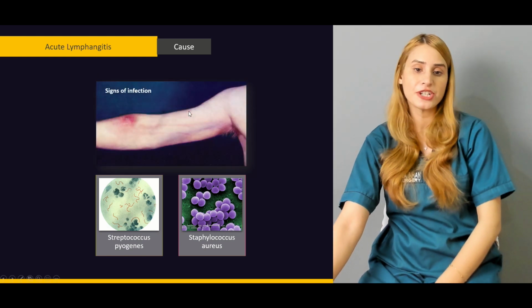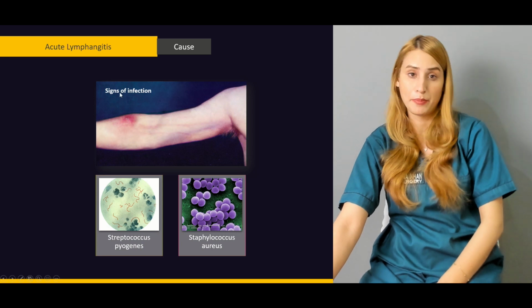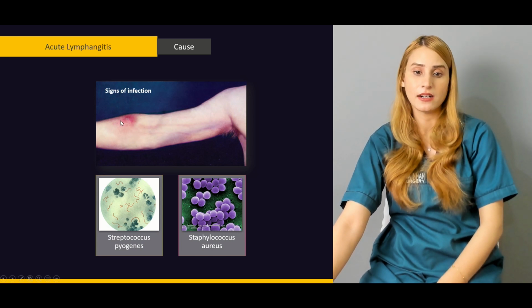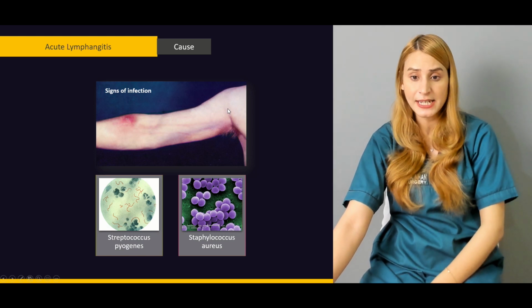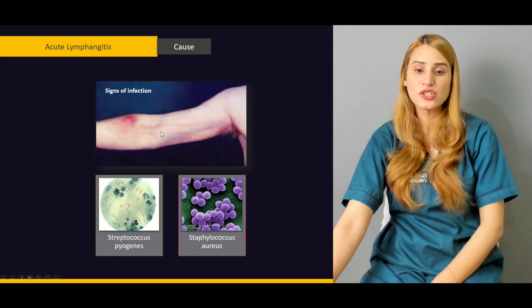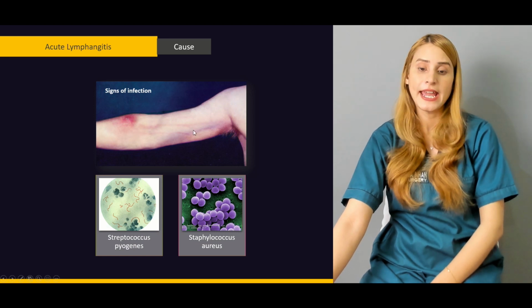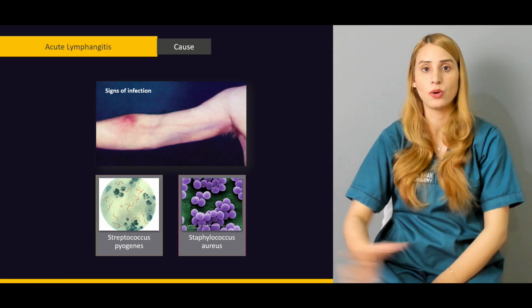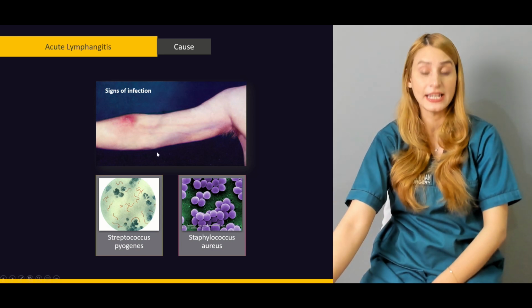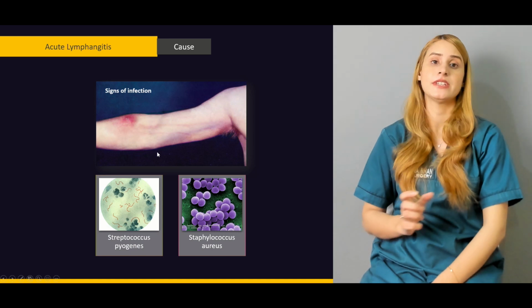If you look at the diagram above, there's a kind of a boil present in the skin, and you can see these purplish streaks of the lymphatic channel, and the redness spread along the whole of the lymphatic vessel. That is the typical sign of acute lymphangitis.